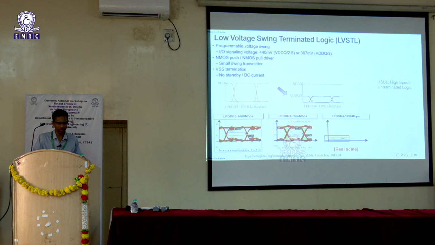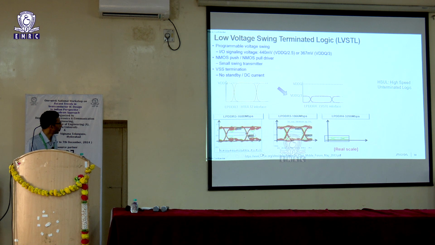LVSTL, the low voltage swing terminated logic. Conventionally, we have been using high speed unterminated logic. When you are transferring data on your DQs, the swing goes from VDDQ all the way to 0. But this cannot support the kind of high speeds that we would like it to support. So going forward, LP restricted itself to something called low voltage swing terminated logic. Here you do not swing all the way to VDDQ, but instead it will be VDDQ divided by a factor, it could be 2.5 or 3 based on what the system is.